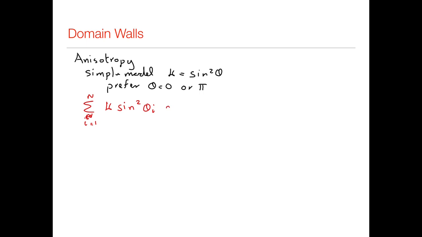Now, if we imagine the wall is pretty big, there's a lot of atoms, I can replace this sum with an integral. To do that, I just need to make sure the average works out the same. So the integral from 0 to pi of K sine squared theta d theta. If I do that integral, I will get nK over 2.